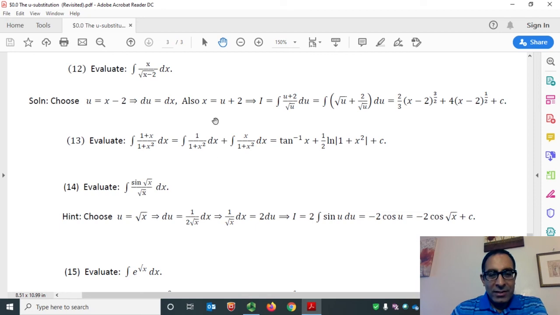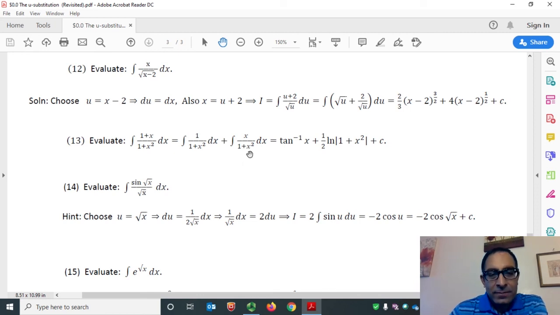Then the first one is easily integrable, that's a formula, simply tan inverse x. And for the second one, that's also a formula. The formula I gave you: for the integral of a rational function, if the numerator is the derivative of the denominator, then the integral of that rational function is simply log of the denominator.